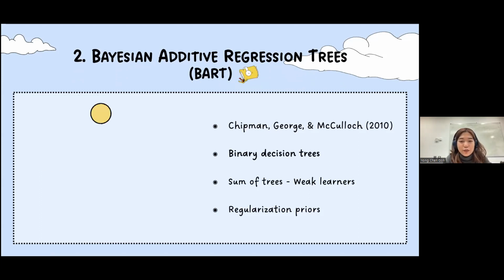It's basically formed of a bunch of binary decision trees. It's a sum of trees model, so each tree acts as a weak learner for the overall model. And BART also uses regularization priors to keep each tree small and short to prevent overfitting.